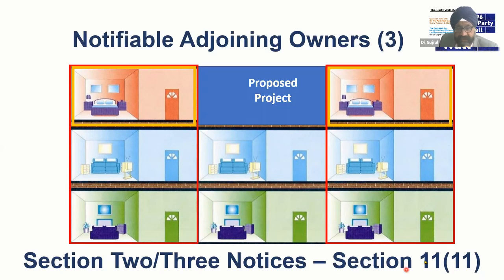And this is where Section 11(11) will come into play. So if we've got a case where the wall's already existing and you're not having to build a new wall, if that's been built or raised by the owners next door, because you're going to make use of it, it's only fair that you make a contribution towards the cost of that wall. So I'm going to explain Section 11(11) costs in a minute and how it operates.